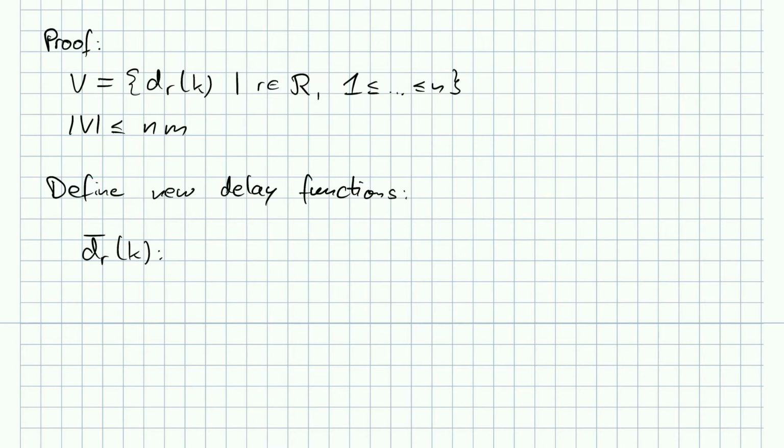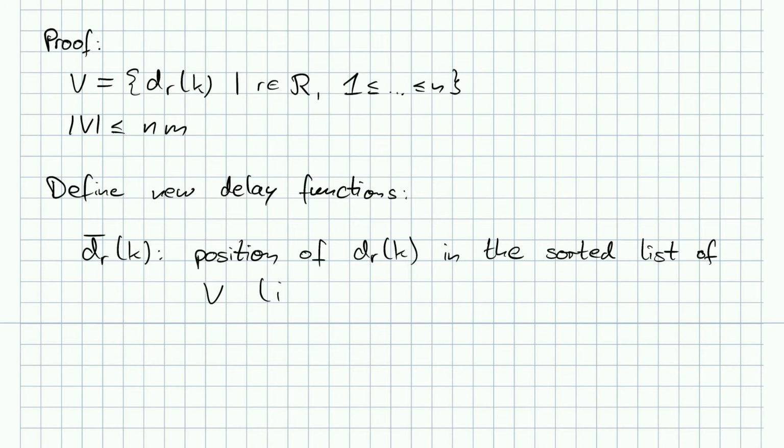And we now take d_r bar of k as the position of d_r of k in this sorted list of V, and by this I mean increasingly sorted.